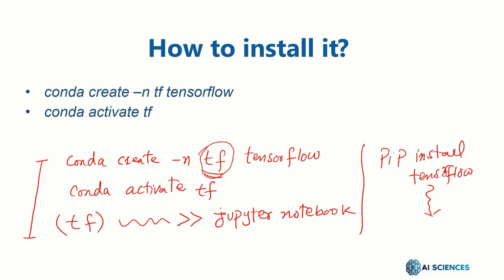So if you install using pip, maybe you get this variant conflict, or if you're lucky, you will get TensorFlow right there. But most of the time, I have experienced that there are conflicts in the variants.